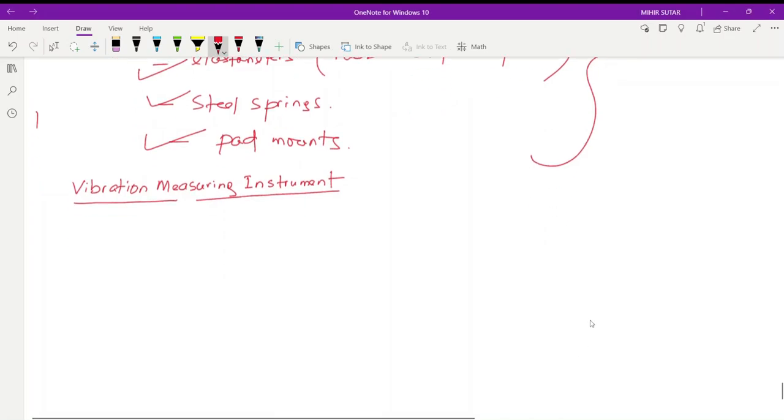So, dear students, today we'll cover the vibration measuring instrument part.